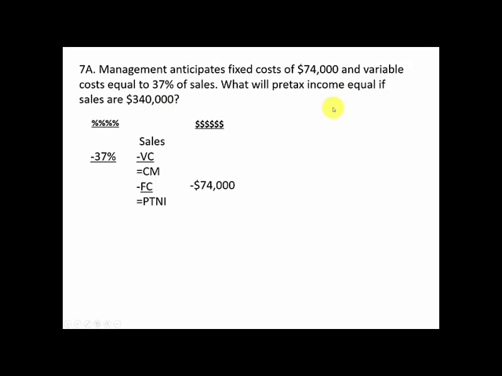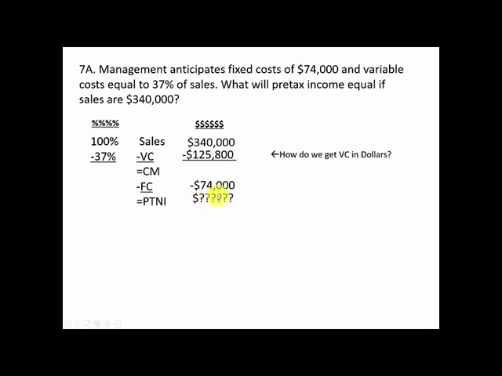Well, we know that variable costs are 37% of sales, so we've got the percentage part over here. So let's see what else we can fill in to come up with this number down at the bottom, pre-tax net income. We know that sales are $340,000, that's given to us. We also now know variable costs are 37% of sales, which would be 37% times 340,000, which is going to be $125,800.